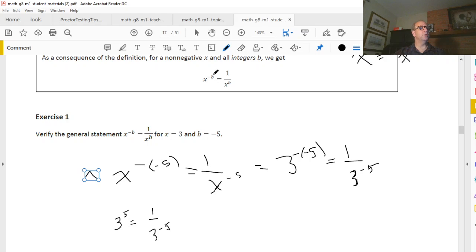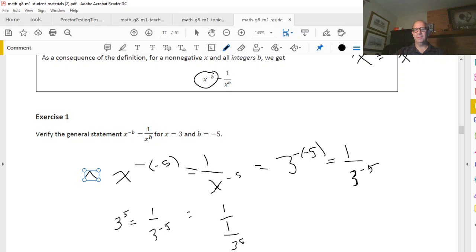Well, if our rule is a negative exponent is the reciprocal, then I've got to just flip this over. I could say it's 1 over 3 to the 5th, right? And what does that equal?